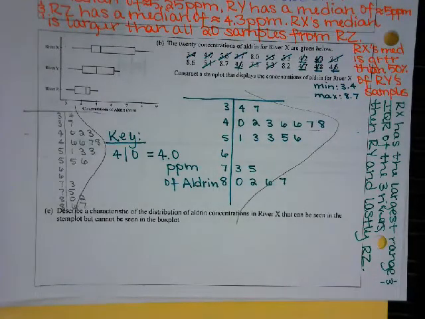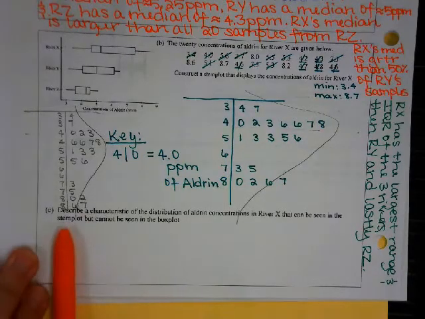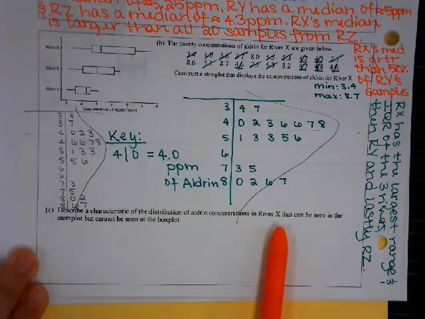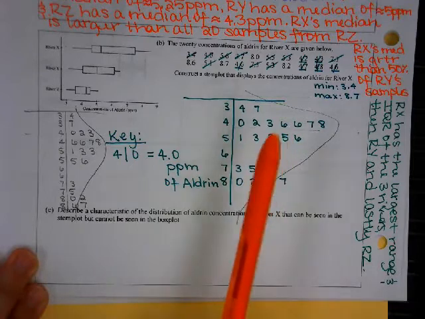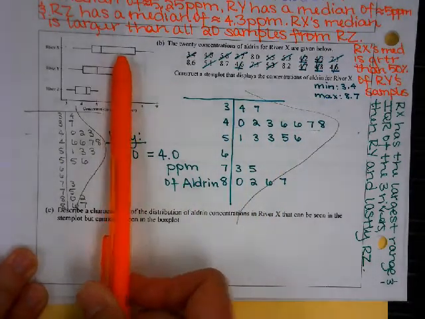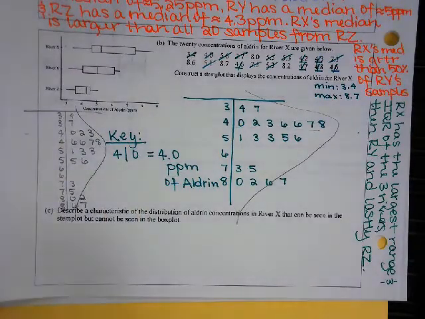And I kind of already gave away the answer to C. So C says, describe a characteristic of the distribution of aldrin concentrations in river X that can be seen in the stem plot but not in the box plot. And we can see that we're missing all this data in the 6 range. There's this big gaping hole.